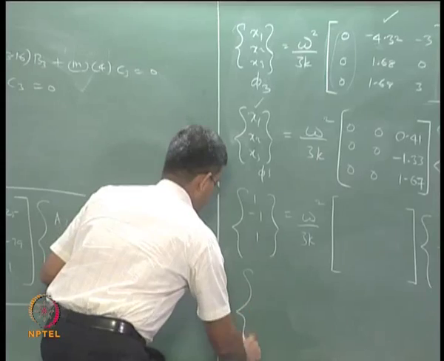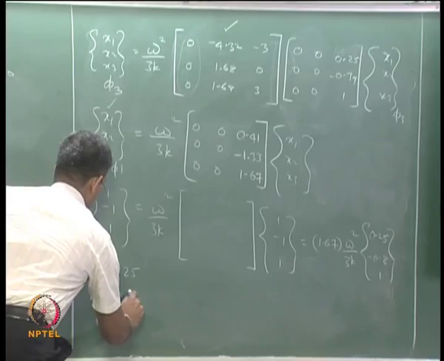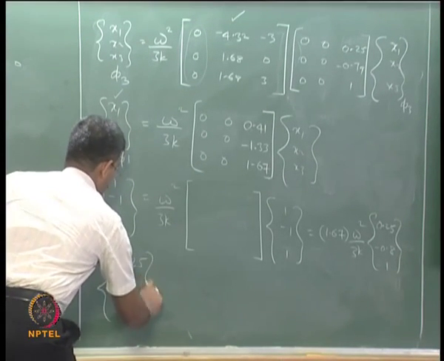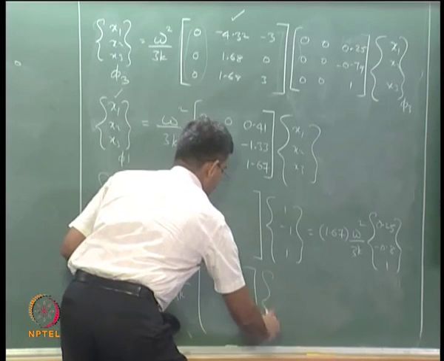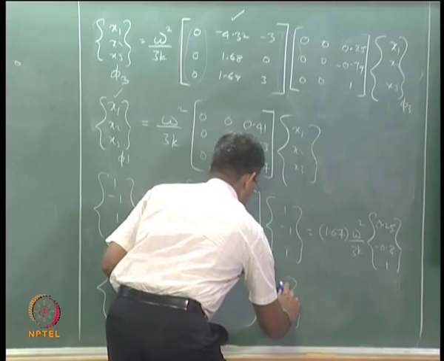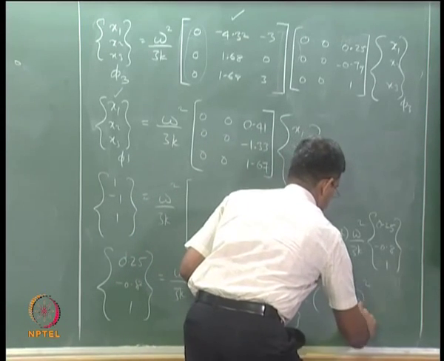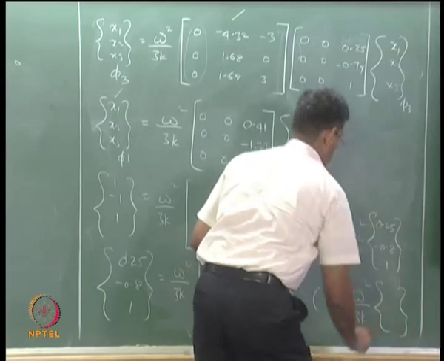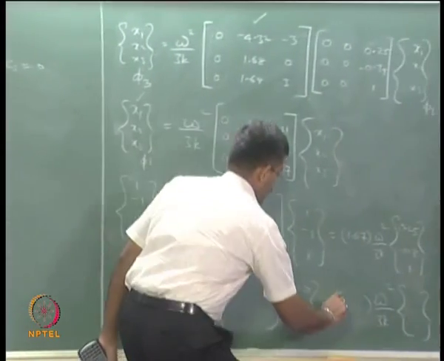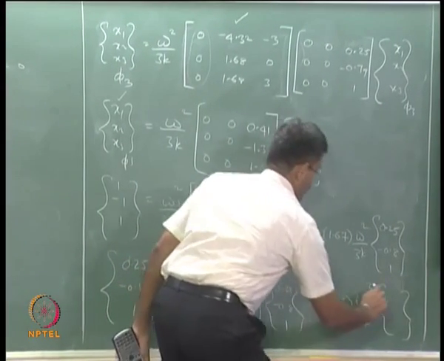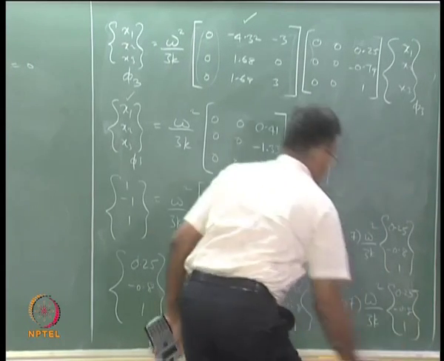So, the next step, 0.25 minus 0.81 omega square by 3 k, same matrix of same vector, I get a multiplier. So, this will now converge as with a multiplier of 1.67 out, 0.25 minus 0.8 and 1.